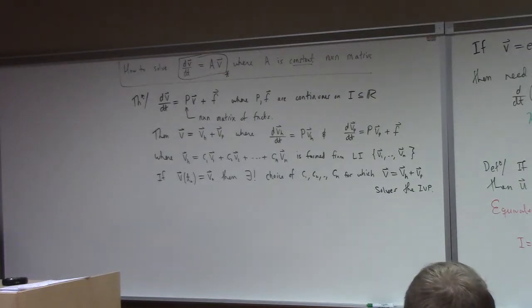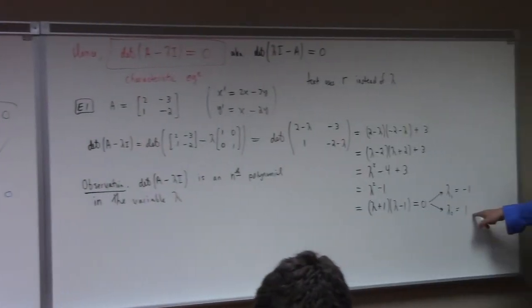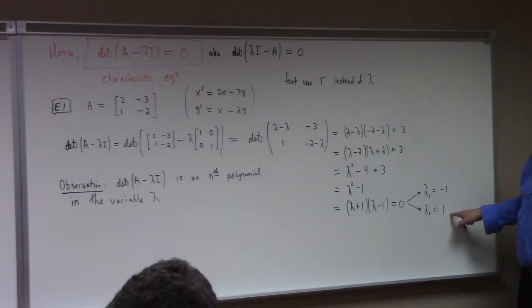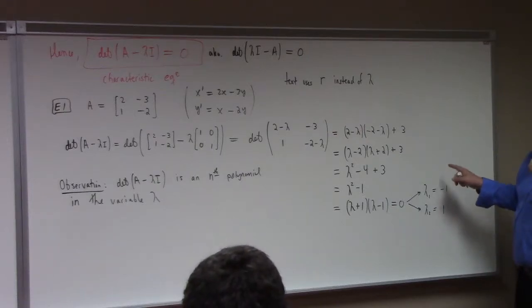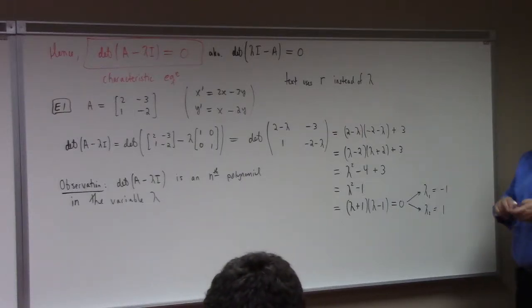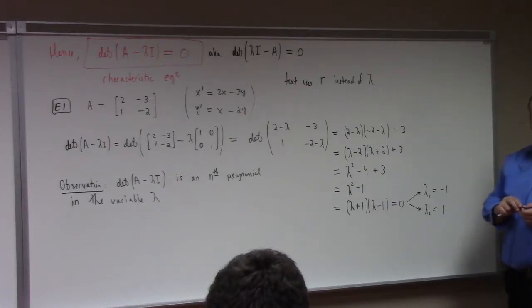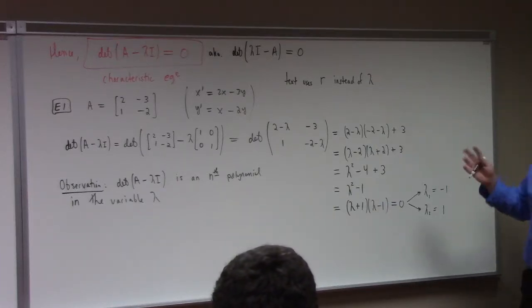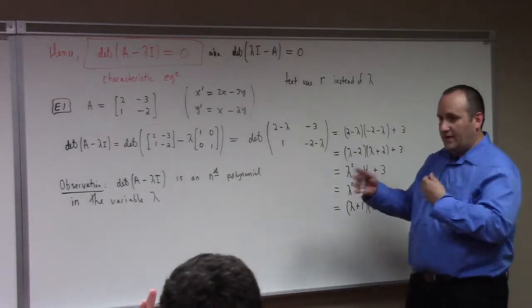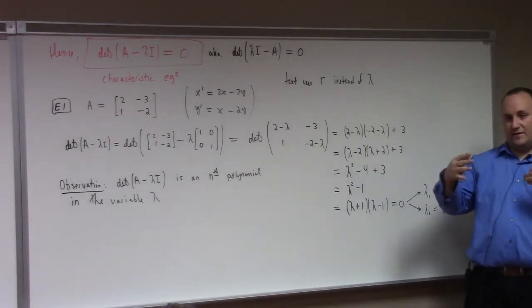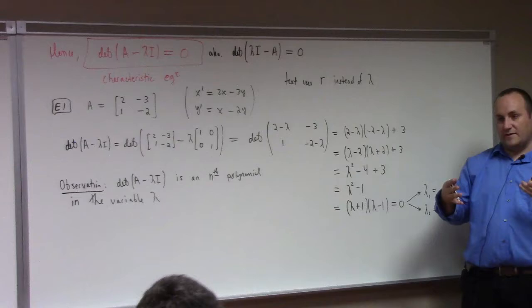Because the solutions corresponding to -1 and 1 are going to be linearly independent. In fact, this is generally true. If we have distinct eigenvalues, the eigensolutions we get for distinct eigenvalues will be independent solutions, just like in the scalar case. If you had different values for lambda, those didn't have overlap. You didn't have to multiply by x.